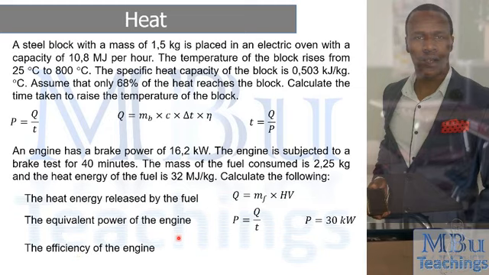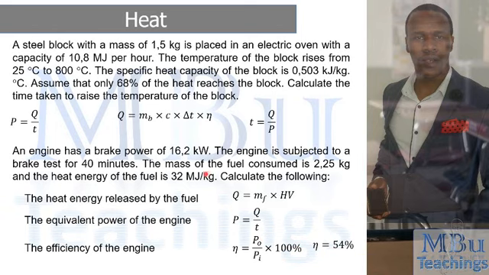So we will just take the ratio of those powers, which is power out over power in times 100. So our efficiency will end up equaling 54%, because 16.2 divided by 30 gives 0.54, and multiplied by 100% that gives 54%. Right, that's about it.